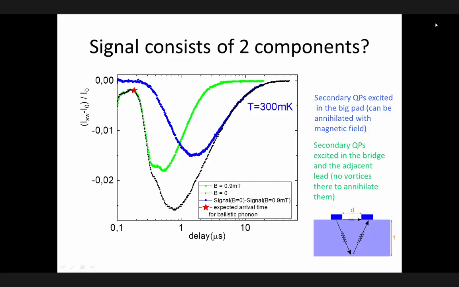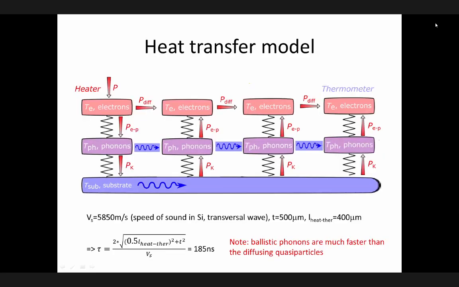Now we consider what is actually the expected arrival time for a ballistic phonon from here to here. So I put in parameters. This would be the process that I described. This is our heater and thermometer, and this is the big pad. These are all the possible paths. Electrons can of course diffuse here directly.